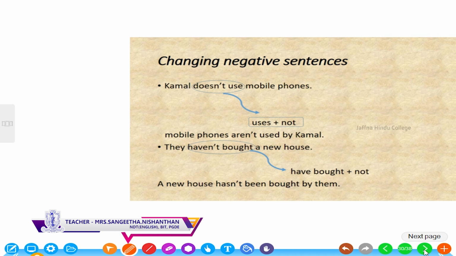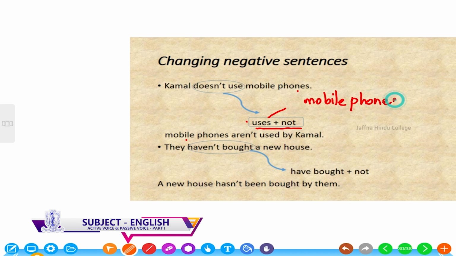So, imagine that it is uses plus not, and change it as the users mobile phones. So, the mobile phones is the object, plural, and simple present tense. So, the be verb is are: mobile phones are, the past participle of use is used.